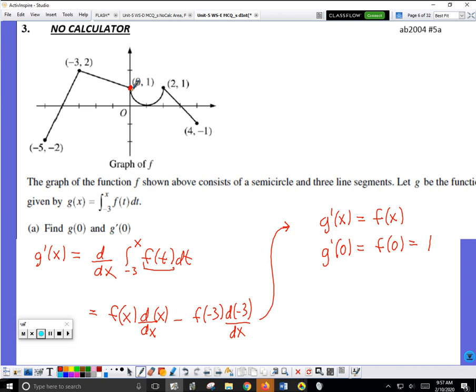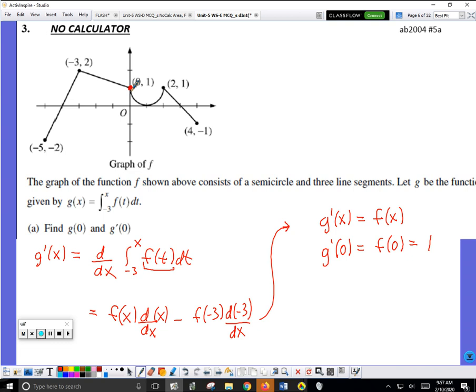The rule says this is the same as plugging in whatever the upper limit is, which is x, and multiplying by d over dx of that x. Then minus the exact same thing for the lower limit. Honestly, I don't even memorize this. I just always say same with the lower. That makes sense. Those are your questions.